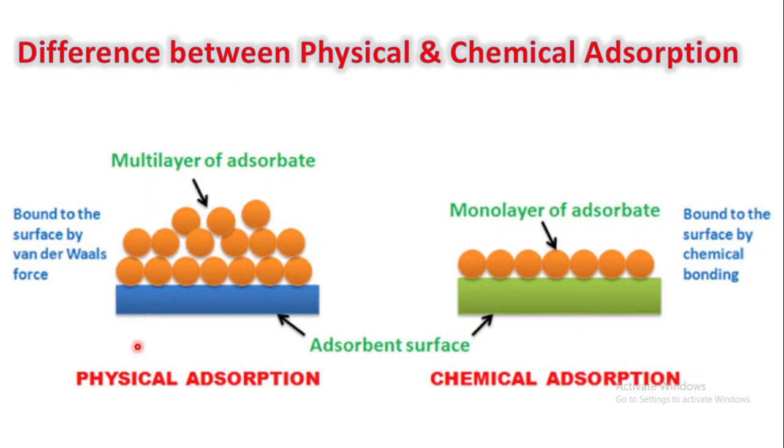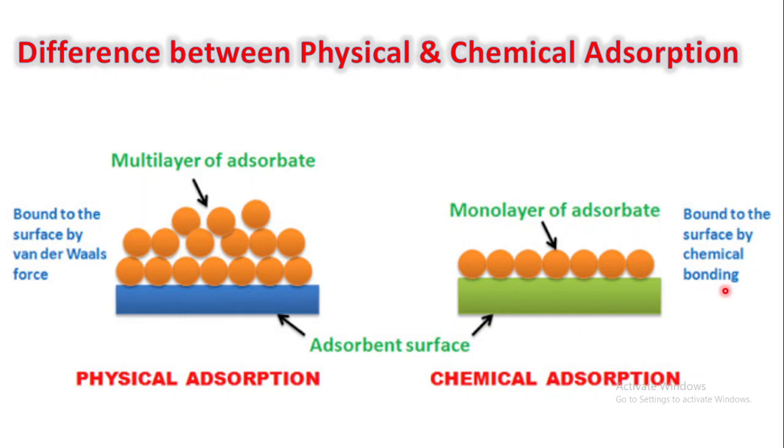Now, in case of physical adsorption, what is happening? The adsorbate molecules are held to the surface by weak van der Waals forces, whereas in chemical adsorption, the adsorbate molecules are held to the surface of the adsorbent by chemical bonds.